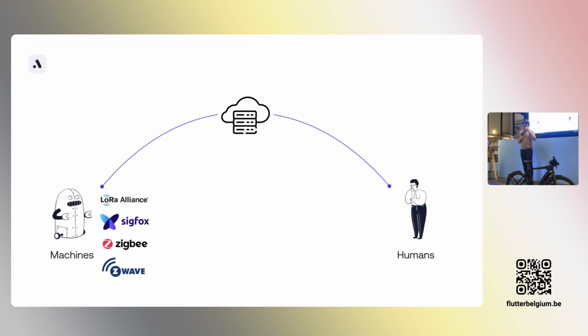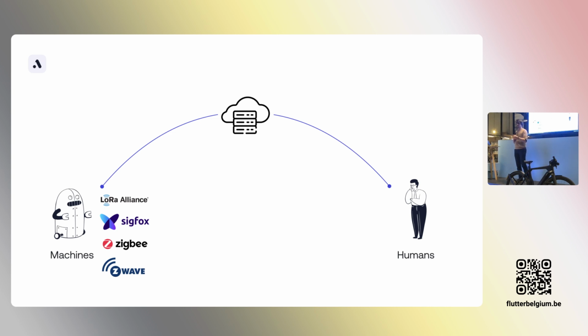So if you talk about a lot of protocols that you have for IoT, like LoRa, Sigfox, Zigbee, Z-Wave, and there are a ton of others, they all connect to a gateway or a server. The advantage is that you can control that device from anywhere in the world, as long as you have an internet connection.